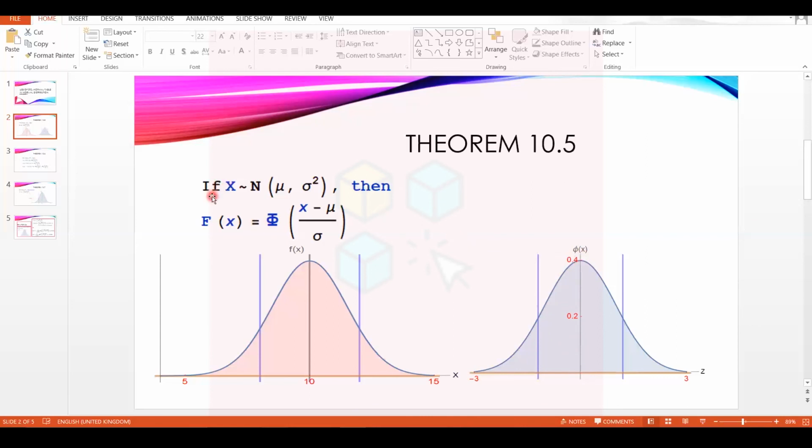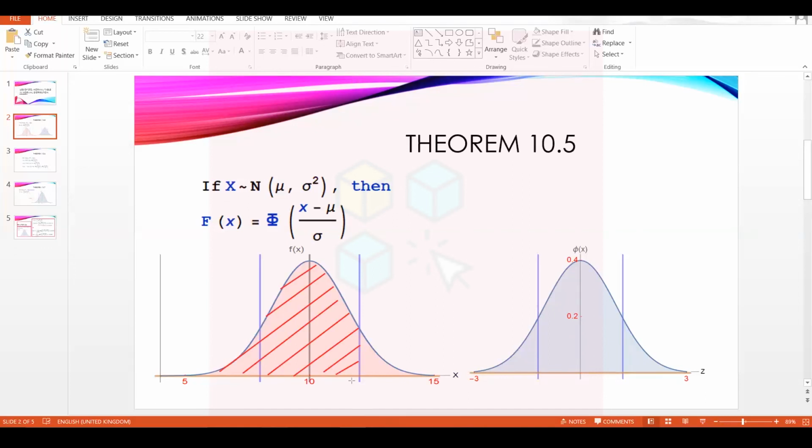The theorem states that if x is a normal variate with mean mu and variance sigma square, then capital F of x is the distribution function which starts from -infinity to that point. If x comes to this point, then the shaded area below this point is called capital F of x.